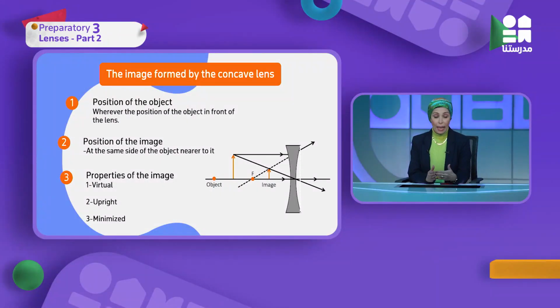We put the object in any position in front of the concave lens, and then we saw that the position of the image is on the same side as the object, and we discussed together the properties of the image formed: it is virtual, upright, and minimized.